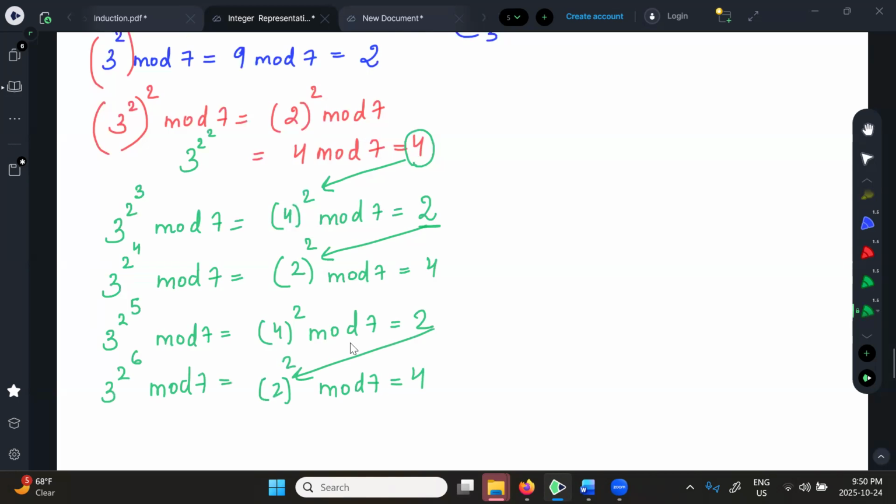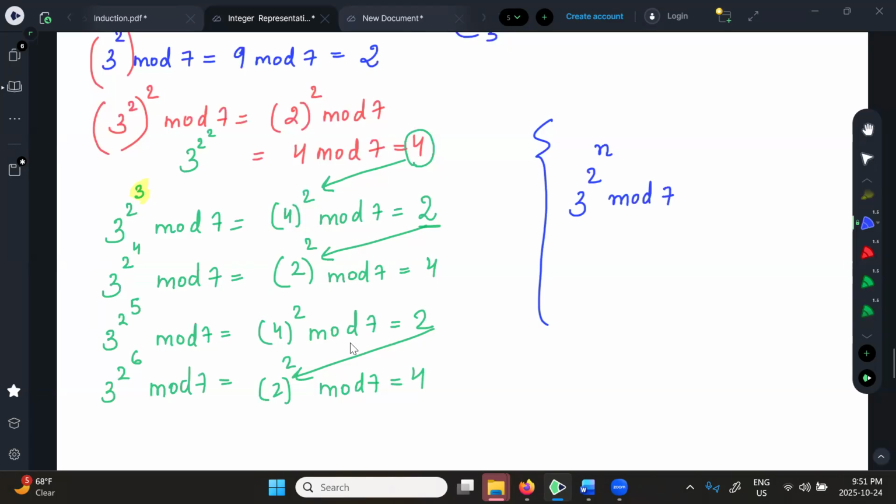Now look at the powers of 2 in the exponent. What pattern can you see? And that's the pattern which is important to you. So 3^(2^n) mod 7 gives me 3 values, right?